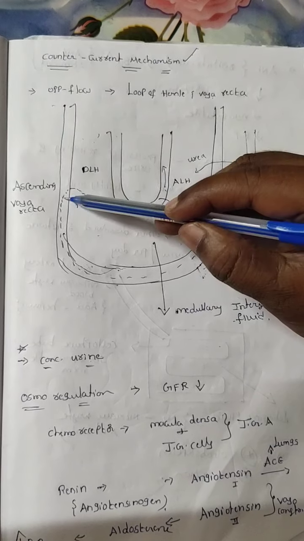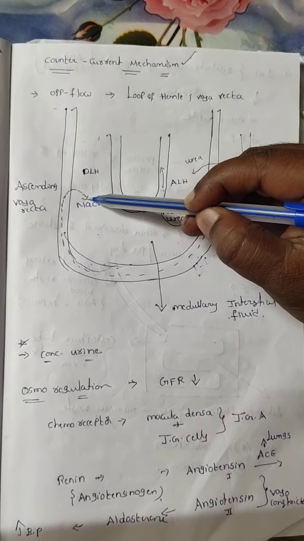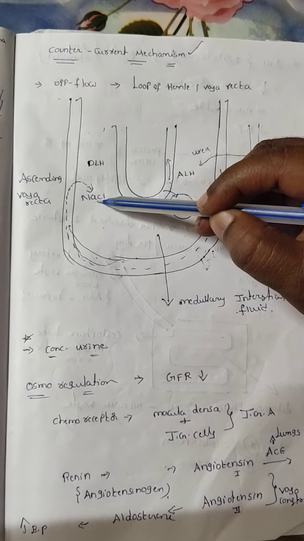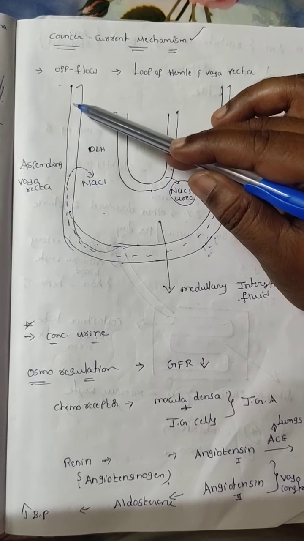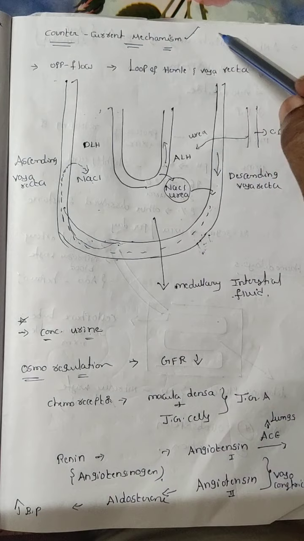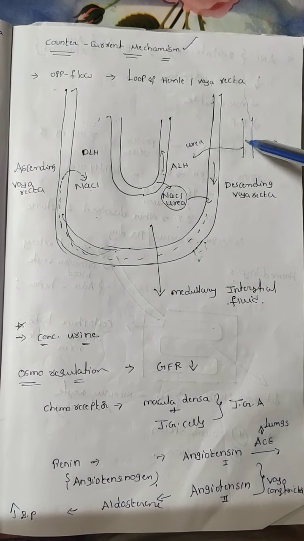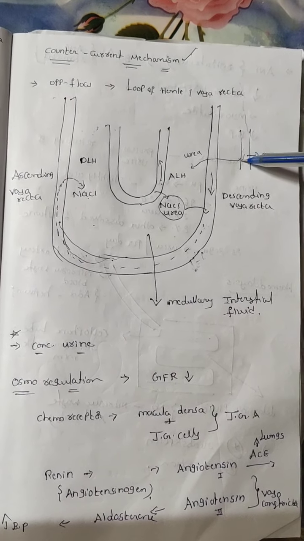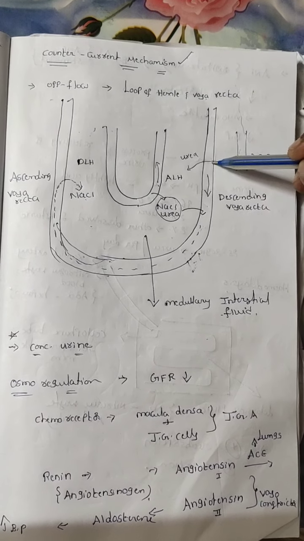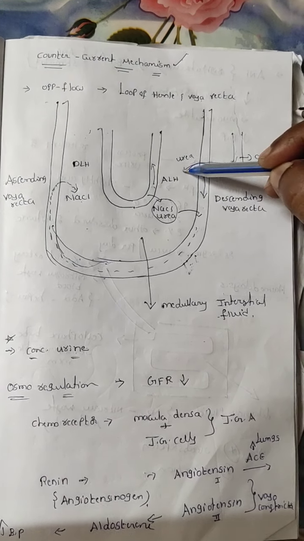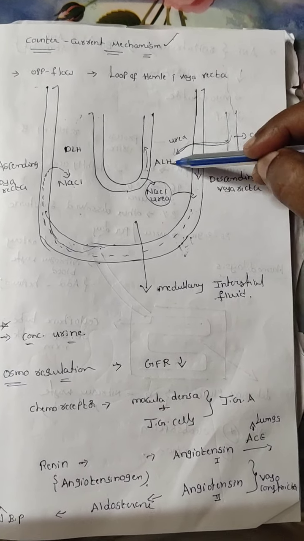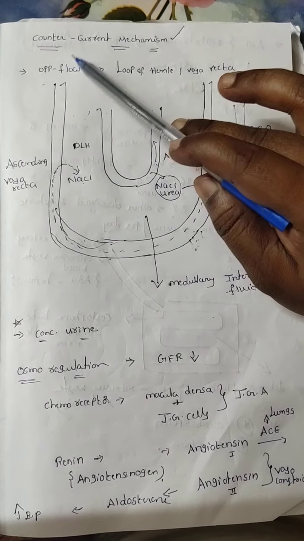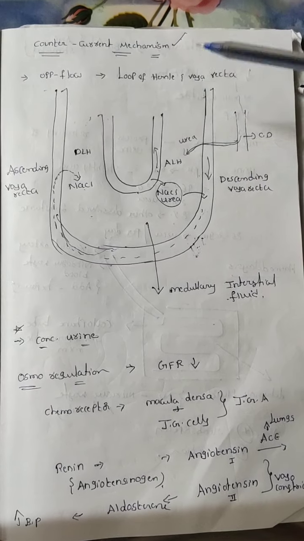Now here NaCl is reabsorbed into the interstitial fluid. Now what remains? Urea. That urea enters into the collecting duct. From the collecting duct, this urea enters into the interstitial fluid of the ascending loop of Henle. This mechanism is called the counter current mechanism.